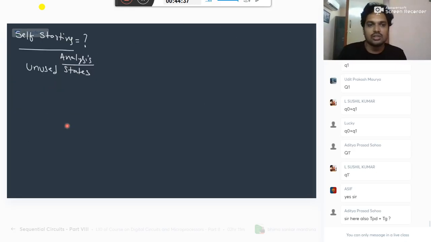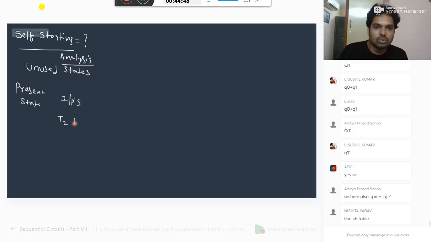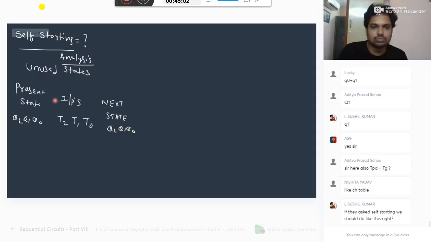How it will change? Present state. What are the inputs of your design? That is T2, T1, T0. Okay, Q2, Q1, Q0, and what will be the next state? That is again Q2, Q1, Q0.